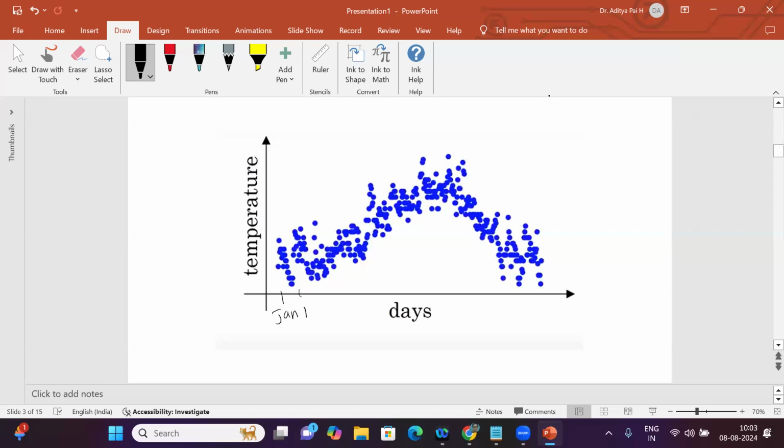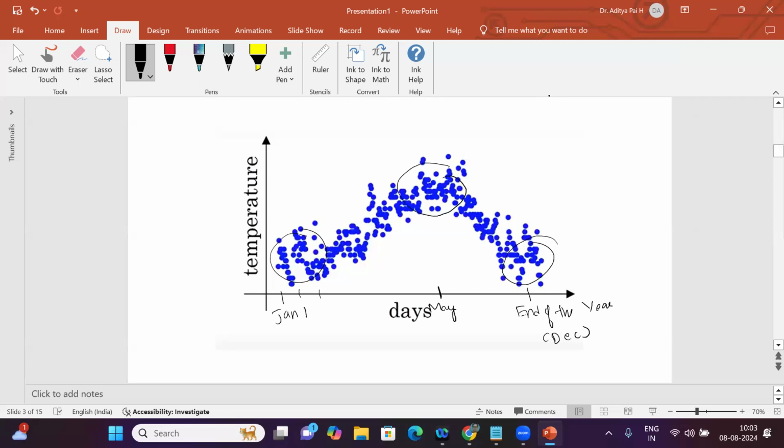So this is Jan 2, Jan 3, and this is the middle of the year, around May, and this is the end of the year, December. What you can observe is that during the start and the end of the year it is slightly colder, and during the middle of the year it is warmer.